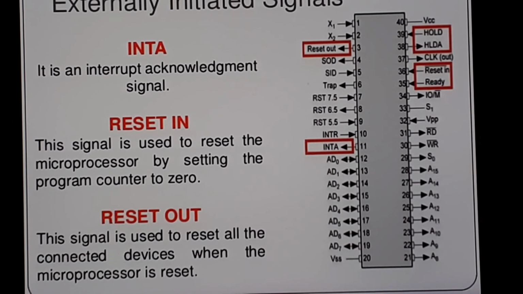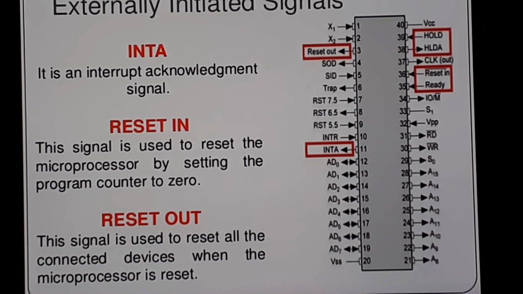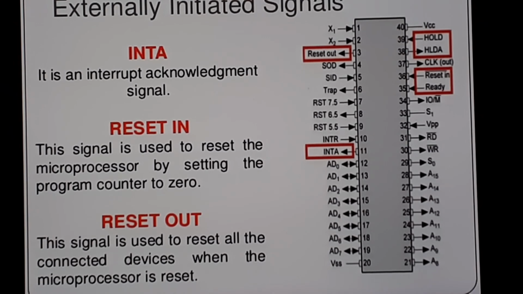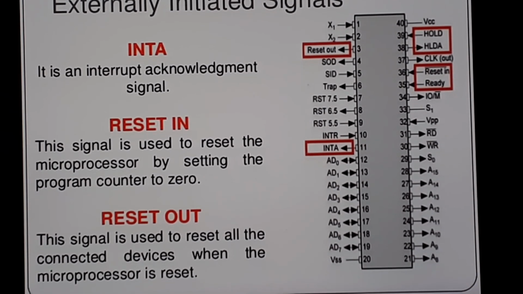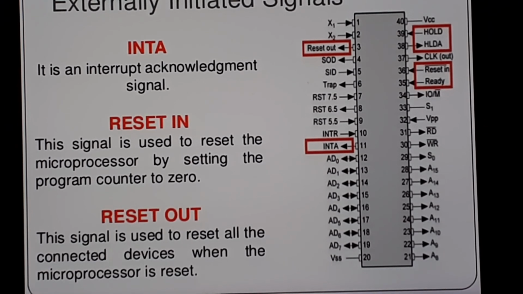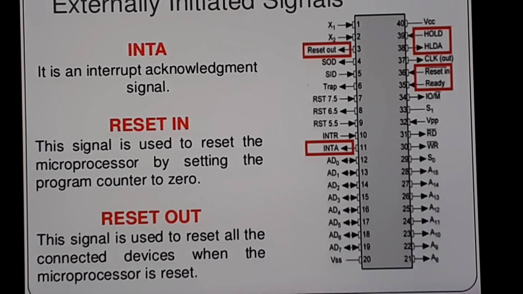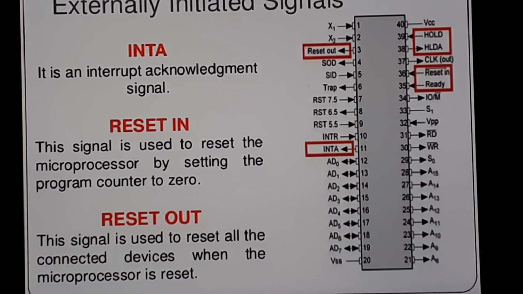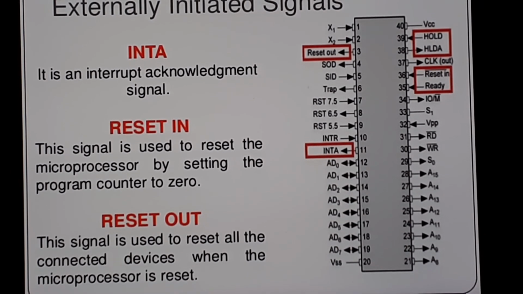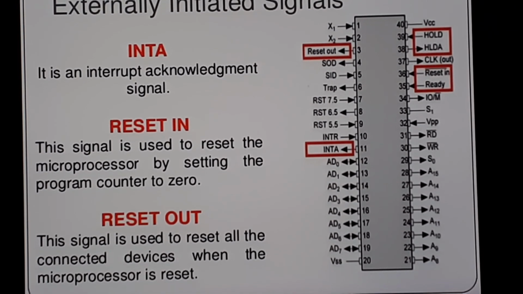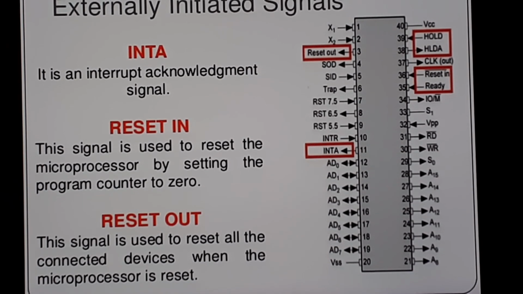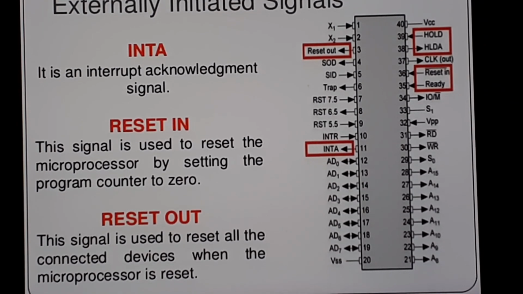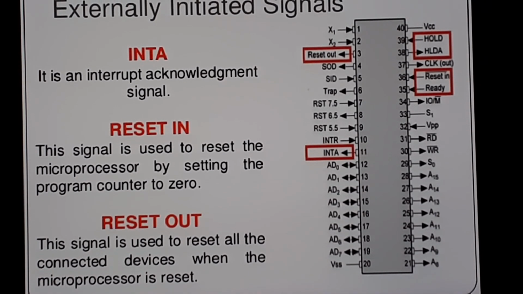The program counter is a 16-bit register which tells which instruction is to be executed next, which I have already explained in the previous PPT, in the block diagram. So reset in bar is the pin where, when the signal goes low, the program counter is set to 00H, and the buses are held in the reset condition as long as this pin is applied.